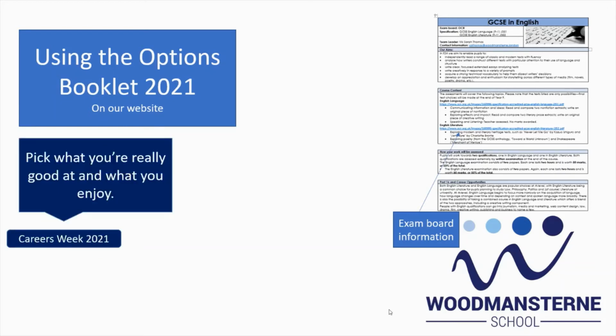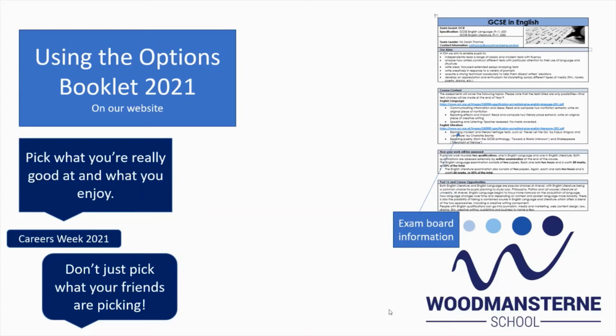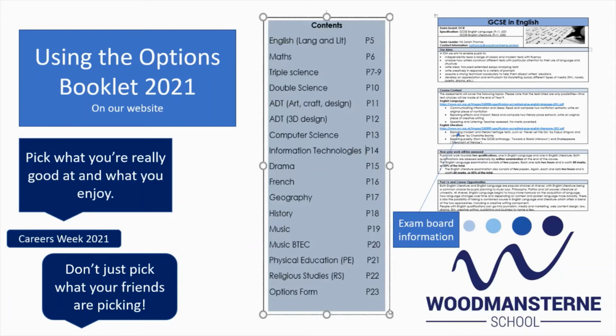On our options website, there is also information about how to select your option choices, about Careers Week, and some advice about the method to go through, with a video from current Year 10 children who are talking the Year 9s through the thought process that they went through.